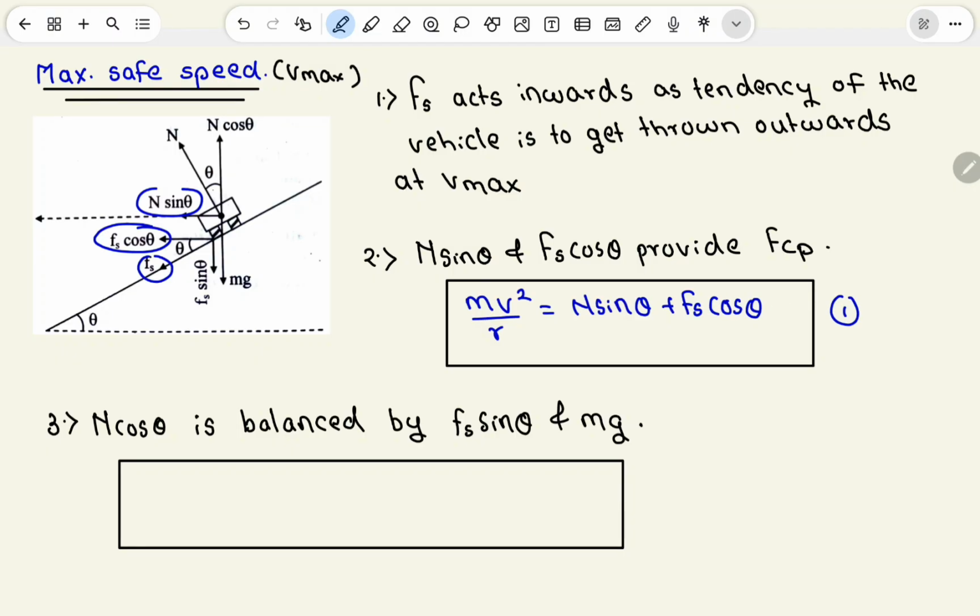If you look at the vertical forces, we can see that N cos theta is balanced by Fs sine theta and mg. And therefore we can write down mg is equal to N cos theta minus Fs sine theta. This is the second equation. So we have two equations with us. Let's solve them and arrive at the formula for maximum safe speed.